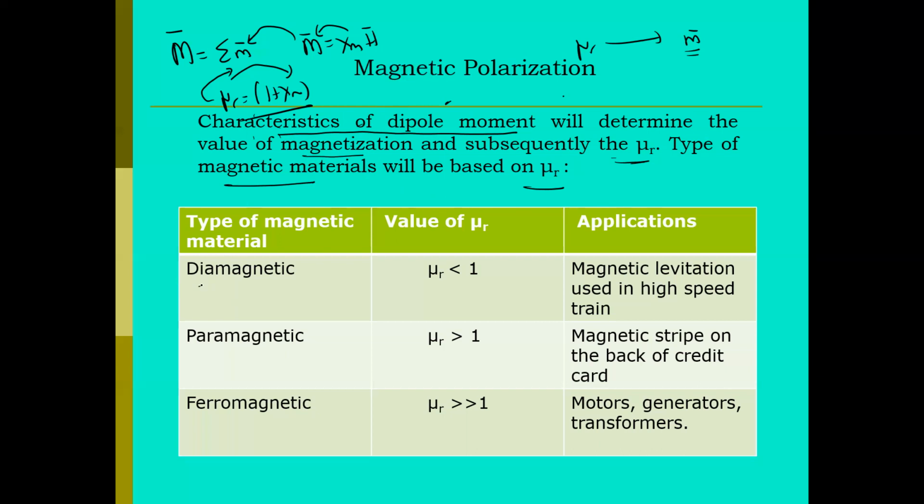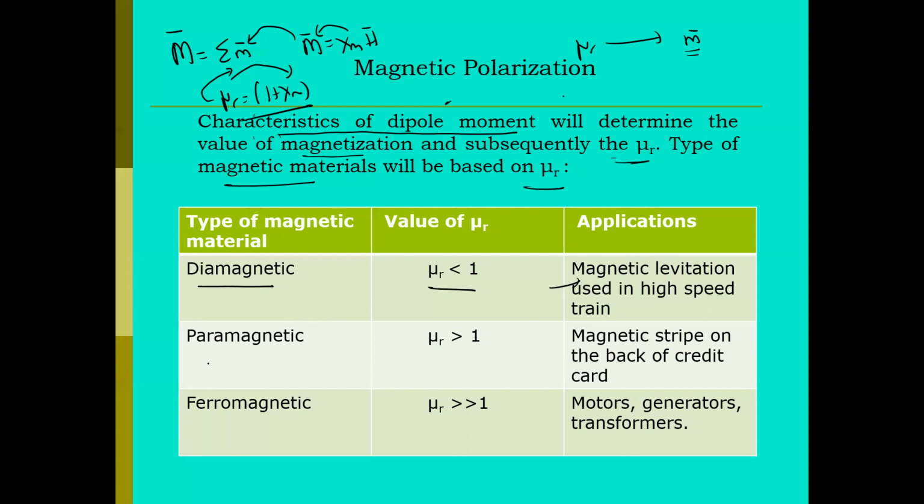The first one is called diamagnetic, in which the value of mu R will be smaller than 1. And this diamagnetic material is normally used in high-speed trains, in magnetic levitation. That should be the application of diamagnetic.